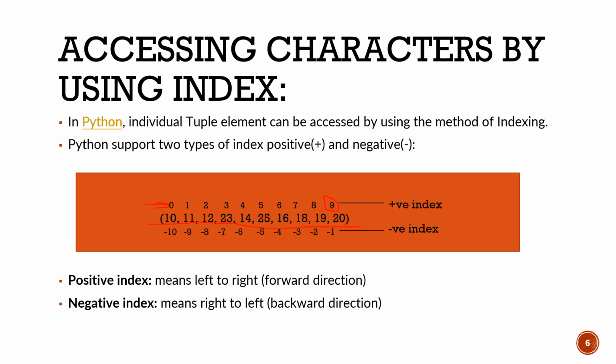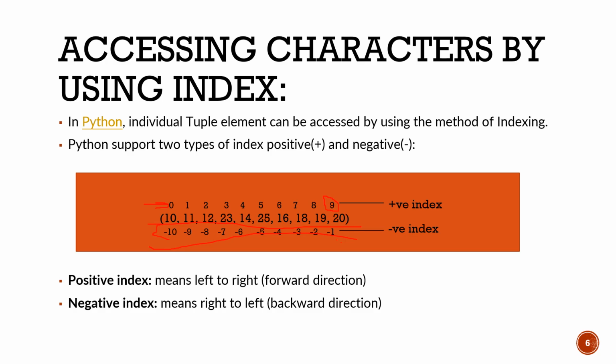But negative indexing starts from right to left. Right to left means like this. The negative indexing does not start with 0, because positive indexing already starts with 0. So negative indexing starts with minus 1. The last element is present at the minus 1 position, the second last element at minus 2, the third last at minus 3, the fourth last at minus 4, the fifth last at minus 5, then minus 6, minus 7, minus 8, minus 9 and minus 10.